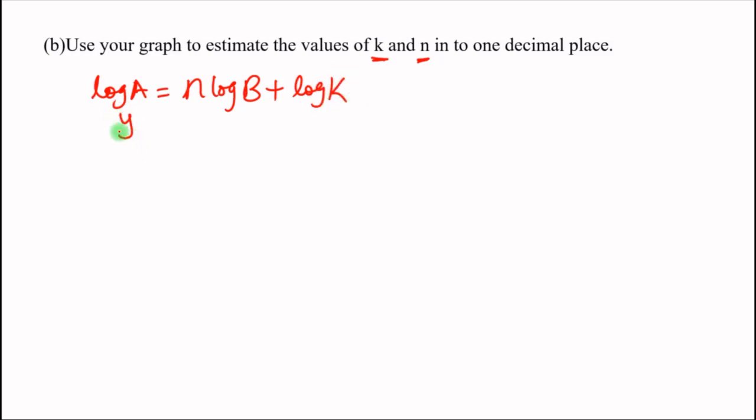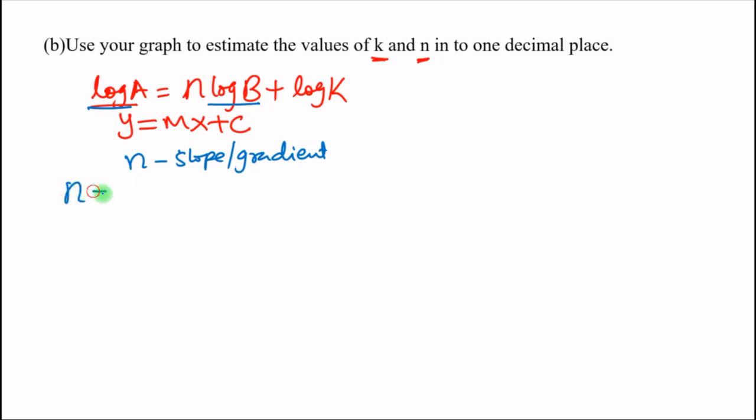Since it is a linear relation in the form of y equals mx plus a constant, a graph of log A against log B is a straight line graph. Therefore, n will give the slope or the gradient.